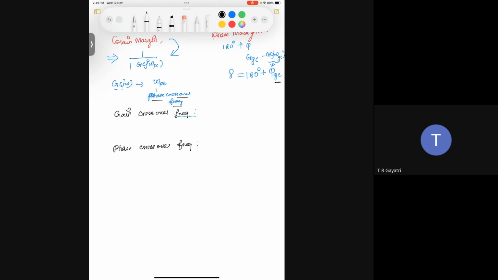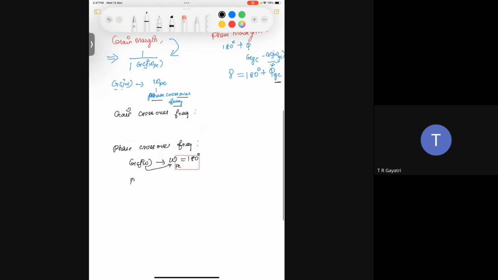So let me first define phase crossover because it is related to gain margin. The frequency at which the phase of the open loop transfer function we are considering right now is 180 degrees, that frequency is called the phase crossover frequency. So whenever your open loop transfer function G of j omega, at frequency omega, has a phase equal to 180 degrees, then we call this the phase crossover frequency, omega PC, right?